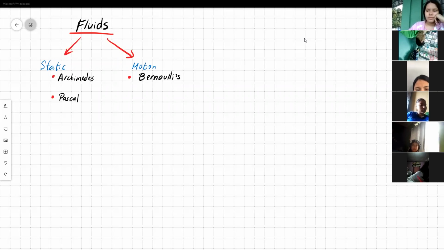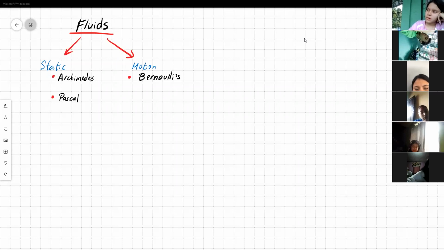Okay, so we're going to talk about fluids moving. That could be a river, for example. That could be an example of Bernoulli's principle, because in a river, you can see that the water flows at a certain velocity. Another example that you will find is water inside pipes. In your faucet, for example, water is running, so that means motion.